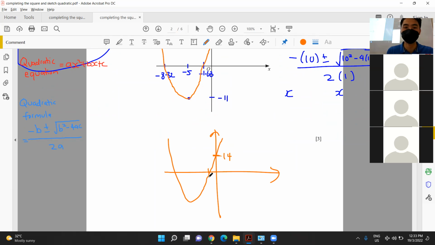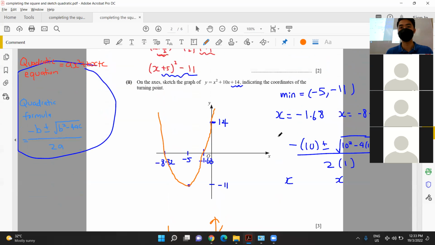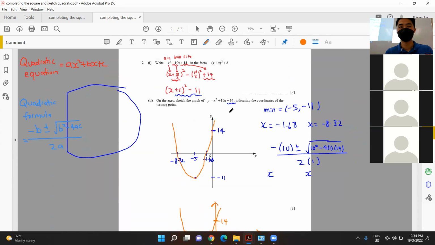This is 14, this is -1.68, and this point here is -5, -11, and this point here is -8.32, all of which we calculated from the equation itself. Teacher, if they don't give you the a of the quadratic formula, you just assume it's 1, I'm assuming? Yes. Okay. It's always 1. It's 1x squared.